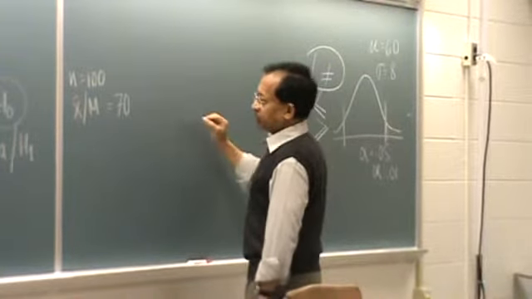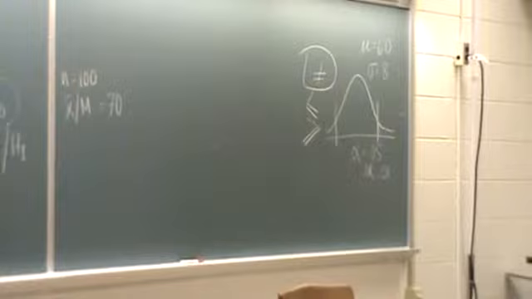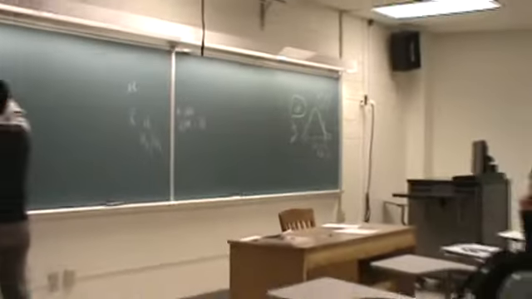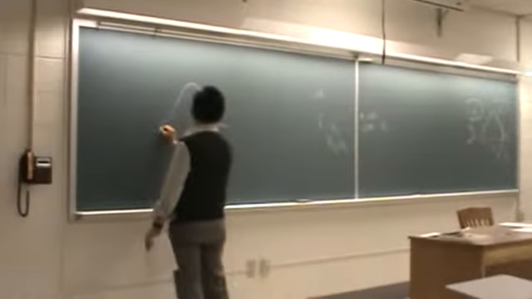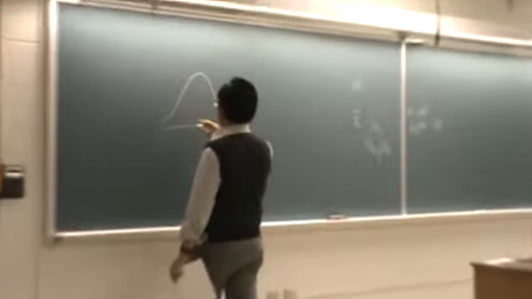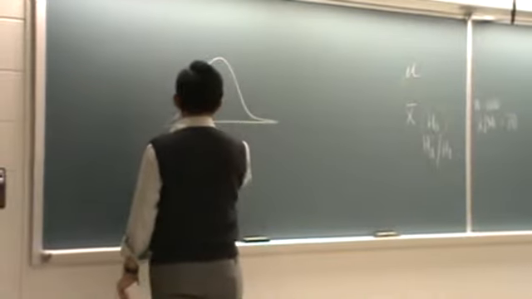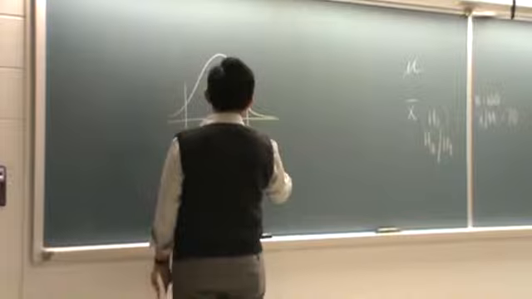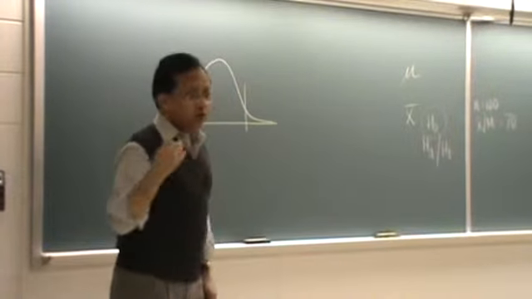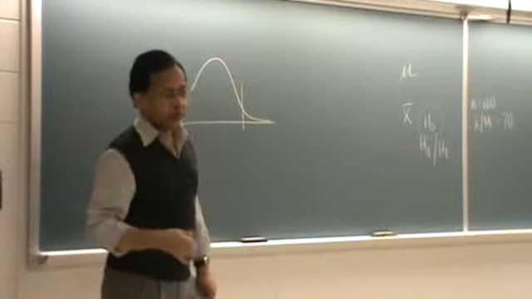Let me give you an example first, and explain why we need this alpha level and what it means in terms of two-tailed test or one-tailed test.